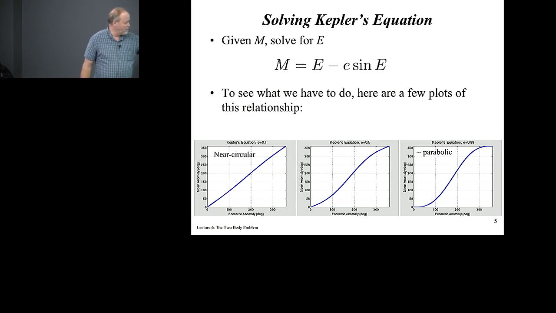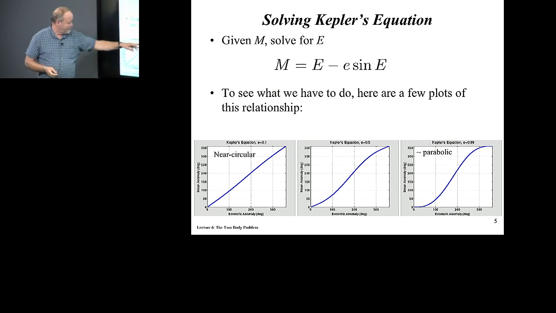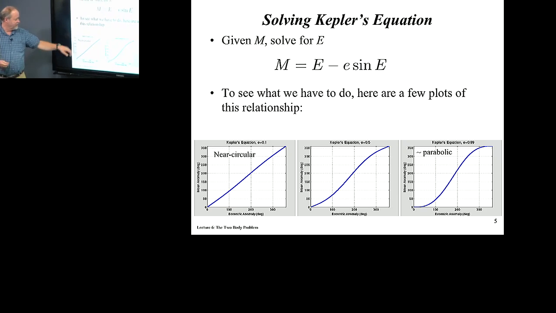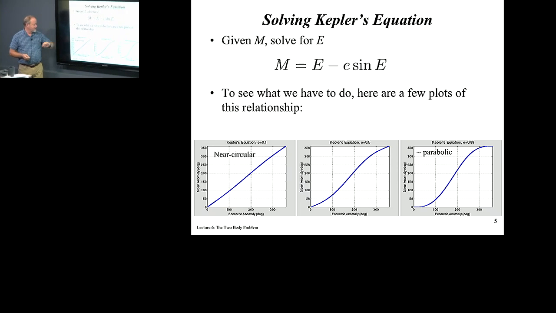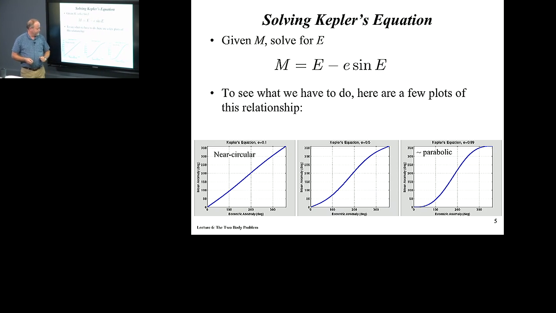The eccentricity is 0.1. Of course, we know for a circular orbit, the mean anomaly is equal to the eccentric anomaly, so this would just be a straight line. For an orbit that's close to circular, we expect something close to a straight line, but it's not a perfect straight line here. The closer we get to eccentricity of 0, the more this becomes a straight line, and then it's trivial to solve because it's just M equal to E. For an eccentricity of 0.5, though, you start to get quite a bit of curvature.